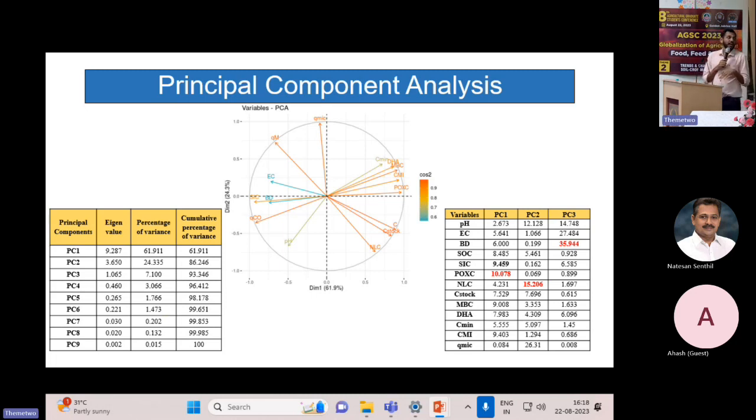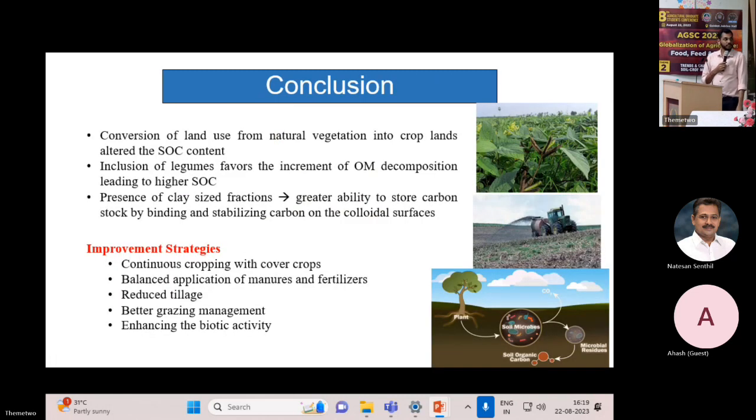In this analysis, a total of 9 components were developed, where only 3 components have an eigenvalue of more than 1, indicating a reliable amount of variation, where the major variation in the study area was caused due to the permanganate oxidizable carbon, and next is NLC and bulk density.